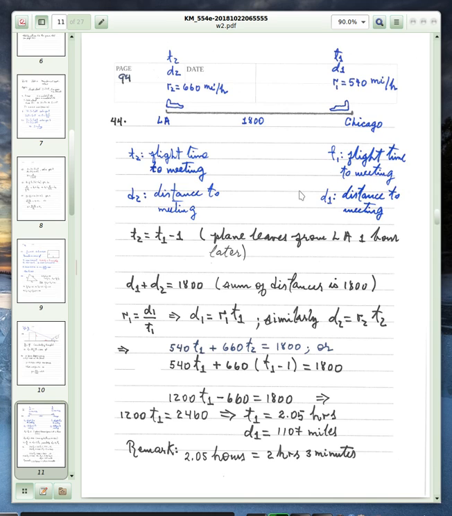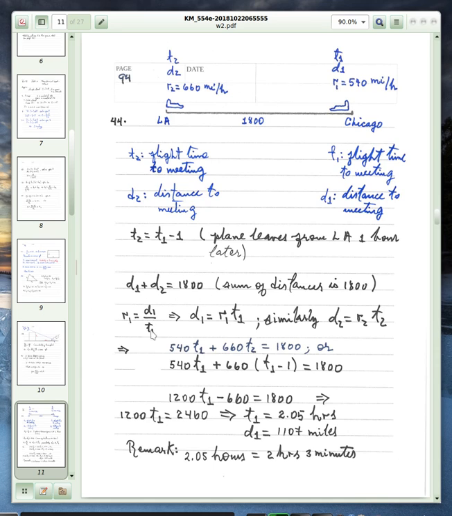And then we have expressions for the distance using the main formula. The first distance equals the first rate multiplied by the first time. The second distance equals rate 2 multiplied by the second time. So for the first distance, here we have the first distance, and the second distance is here. I'm rewriting the equation here.